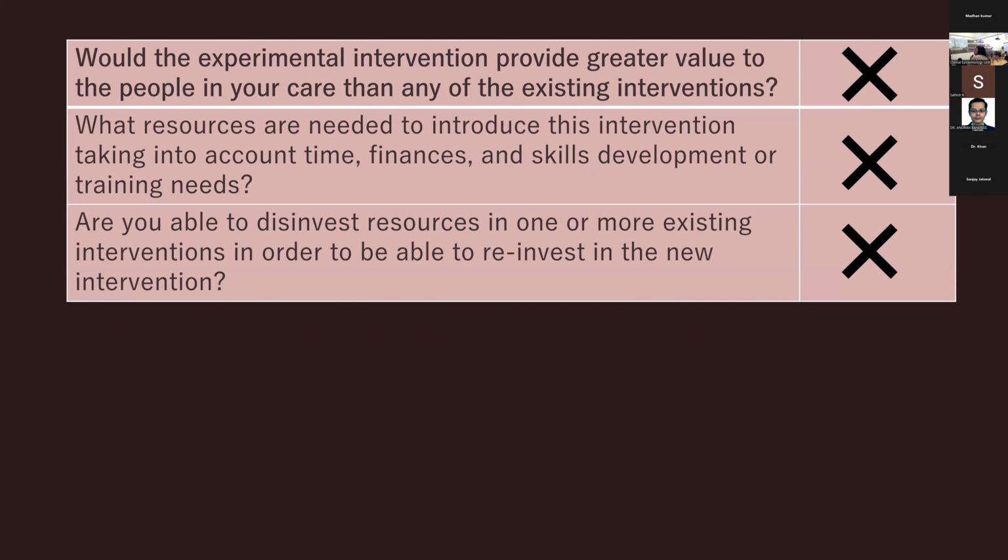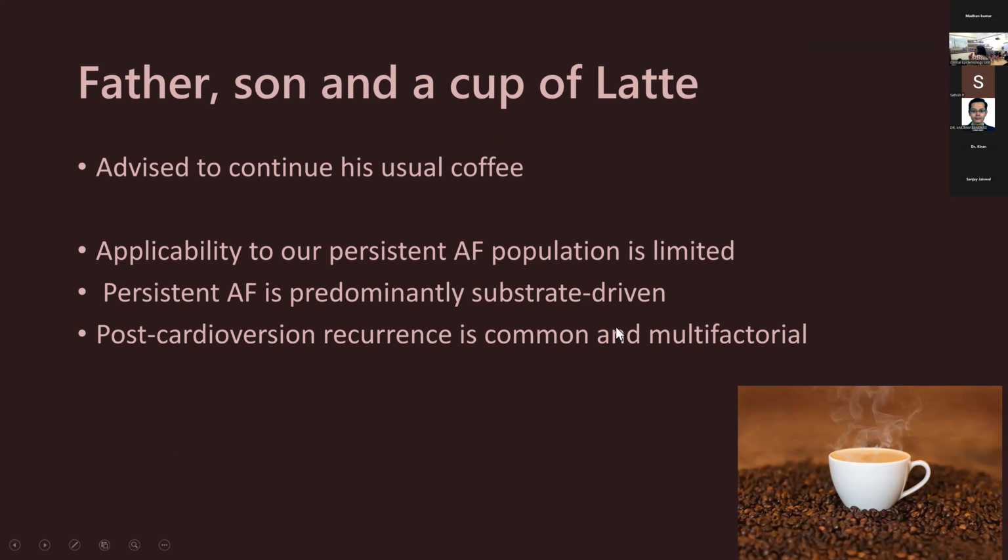So would the experimental intervention provide greater value to your people in your care? I don't believe so. And coming back to our case scenario with the father, son, and his usual coffee consumption, I would probably advise him that continuing his usual coffee would not do additional harm to the already existing factors, and I would evaluate his baseline status and optimize his comorbidities.